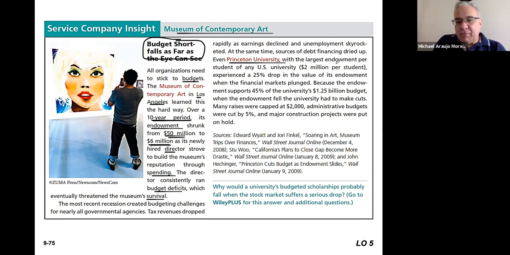And so here you had a situation where Princeton University experienced a large drop in their endowment because much of their endowment is invested. And sadly, that endowment was supporting much of the college's budget. Almost half of the college's budget was funded through the endowment.